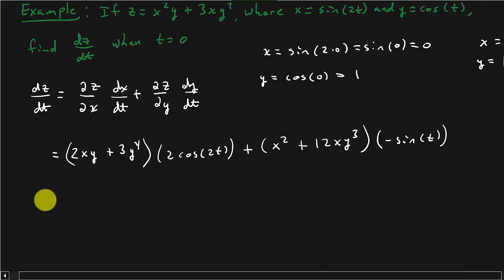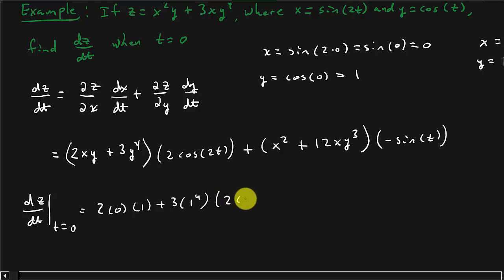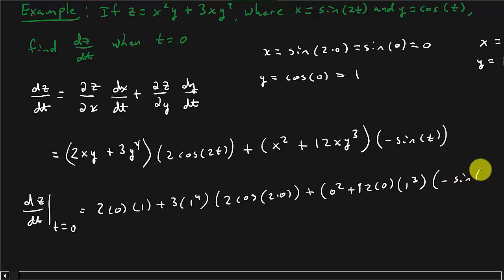So let's write down what we're finding: dz/dt when t equals 0. That's going to be 2 times 0 times 1 plus 3 times 1 to the 4th, I'm just plugging in the x and the y, times 2 times cosine of 2 times 0, plus 0 squared plus 12 times 0 times 1 cubed times negative sine of 0.